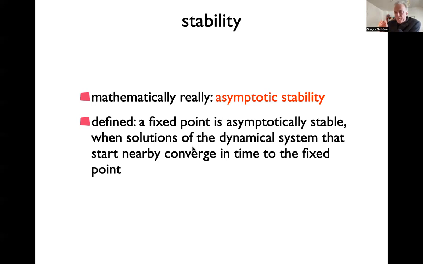There is an environment of the fixed point, so that anywhere inside the environment you're converging. That environment could still be very small, but there is one. So it's this kind of epsilon delta thinking that some of you might be familiar with from your math lectures. So all initial conditions, as long as they're close enough, will converge. That's what asymptotic stability is.